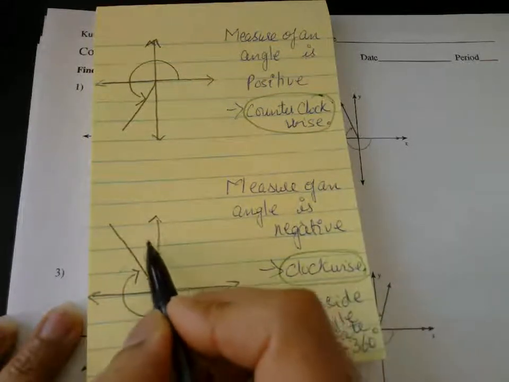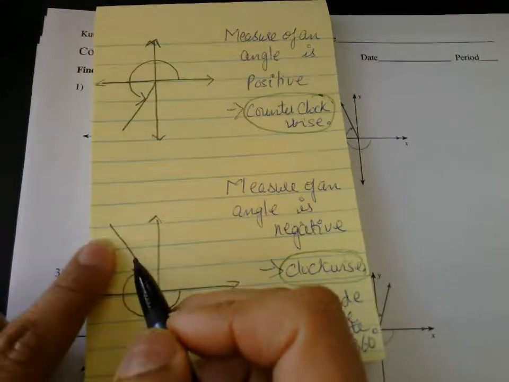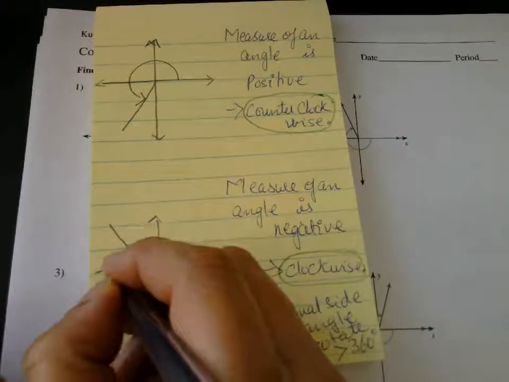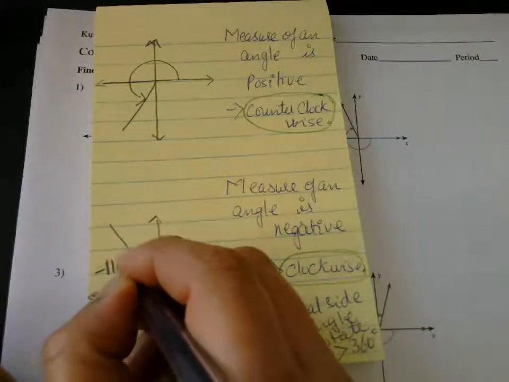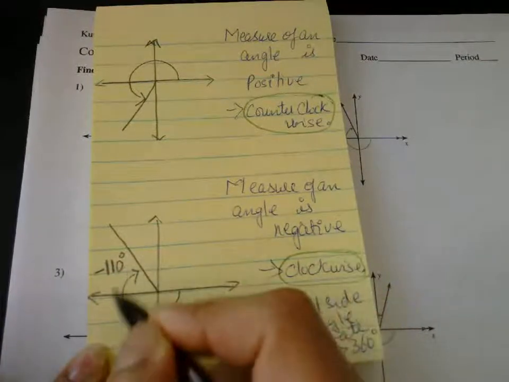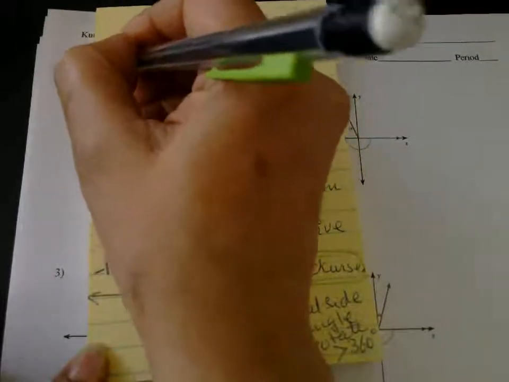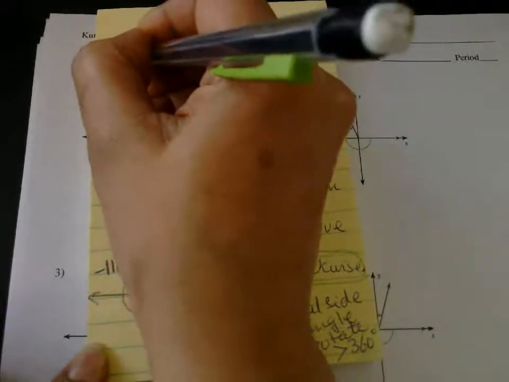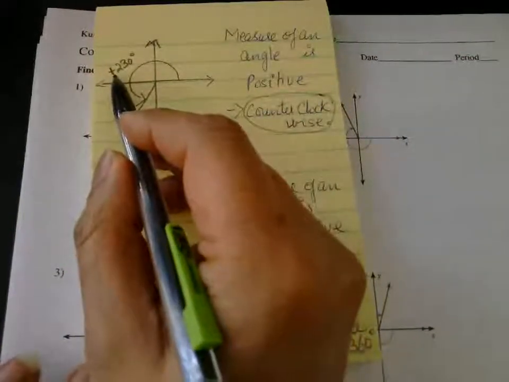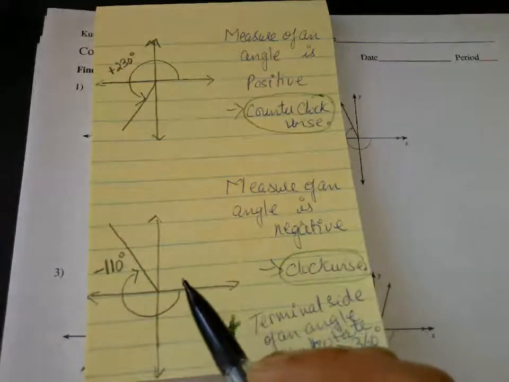And I know this should be greater than 90 degrees but less than 180 degrees. So if I say 110 approximately, then I will represent this as negative, right? Because we are going in the clockwise direction, and this will be approximately positive 230, or you can just say 230. There is no need to write positive if it is positive, but if it is negative then we have to write negative for that.